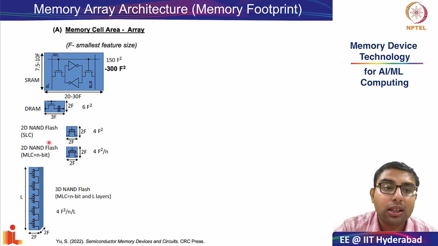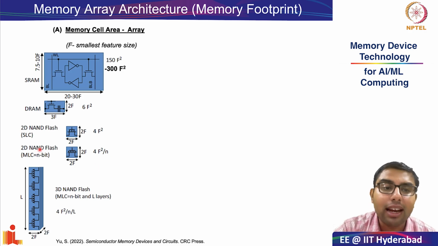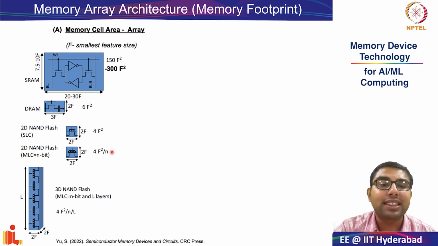As a result, the bit density was also improving, and this is what you see in this schematic. In a multi-level cell consisting of n bits, the array footprint per bit will become 4F squared by n.